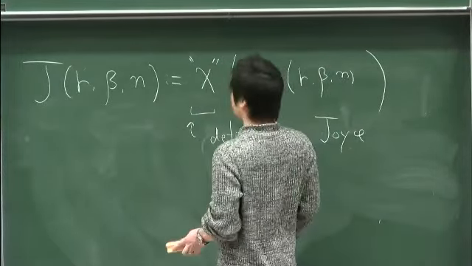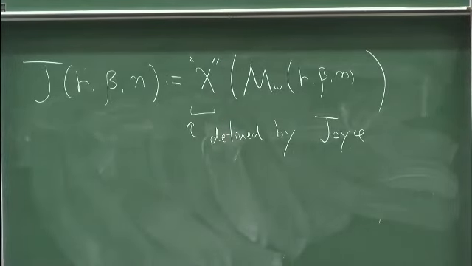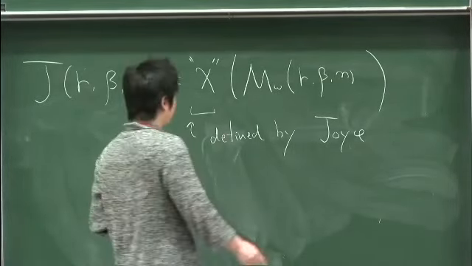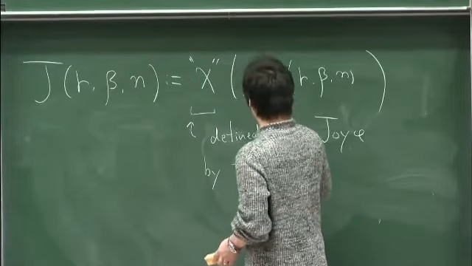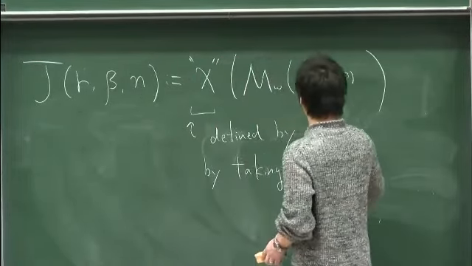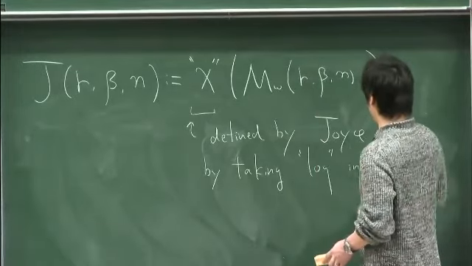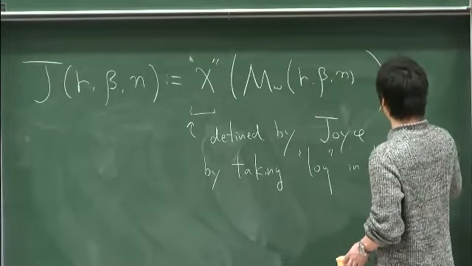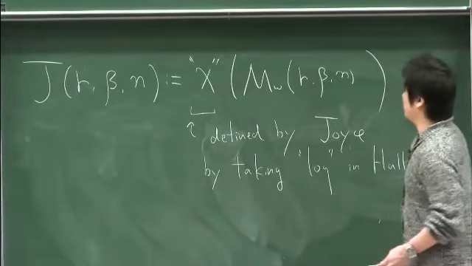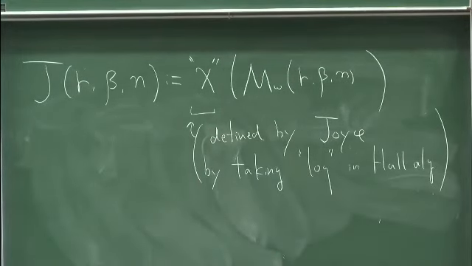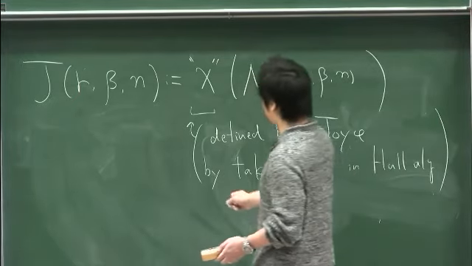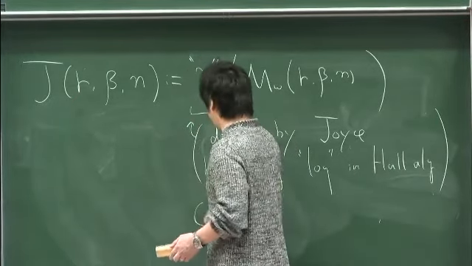That is, roughly speaking, taking the so-called logarithm of this moduli stack in the Hall algebra. I will not recall its definition. But because I'm taking the log, this is not a Z-valued but a Q-valued invariant.